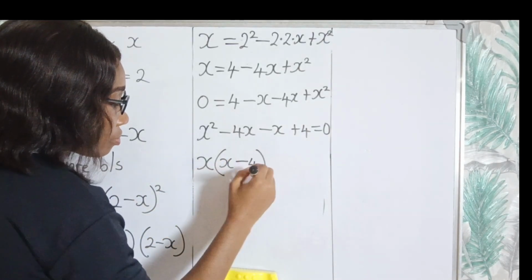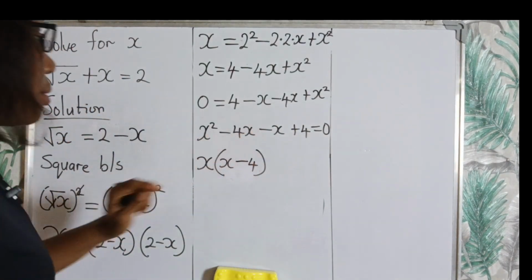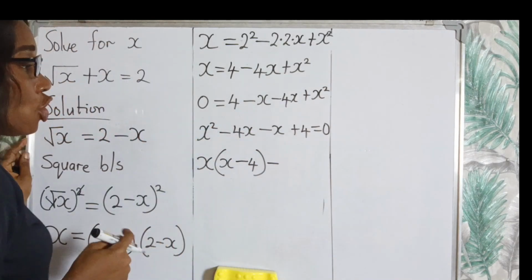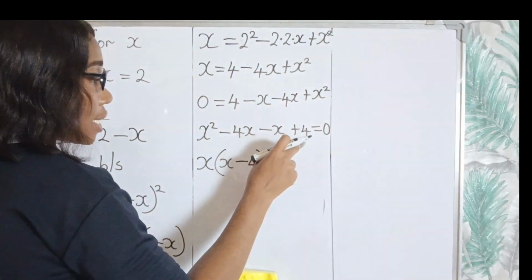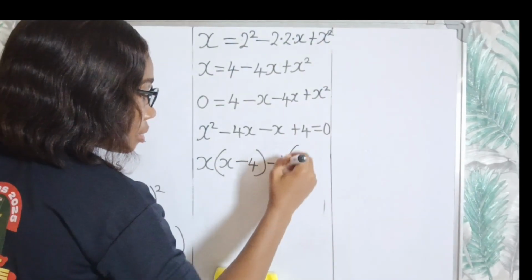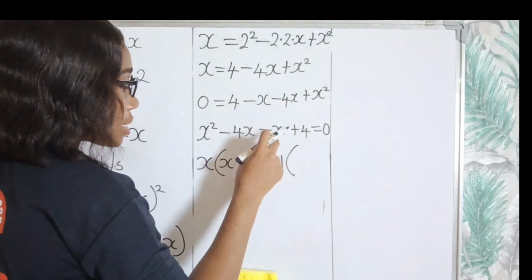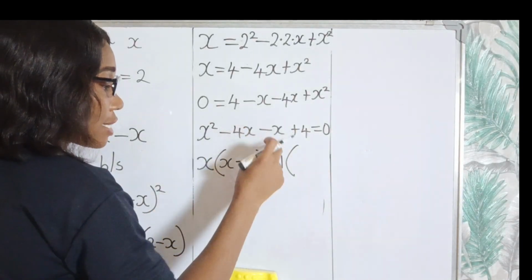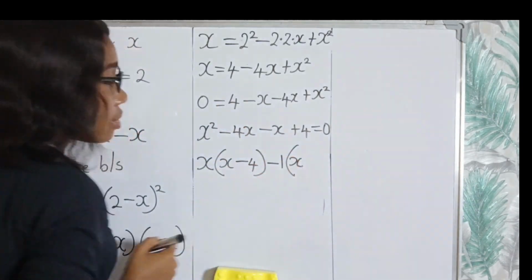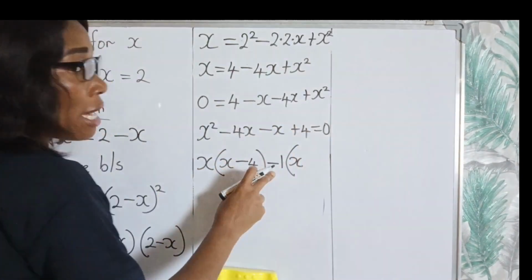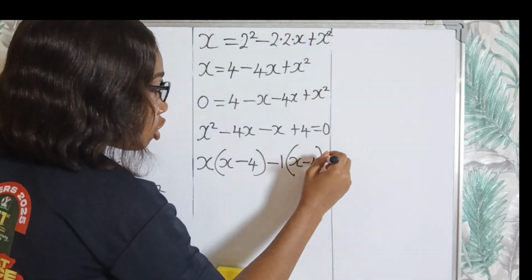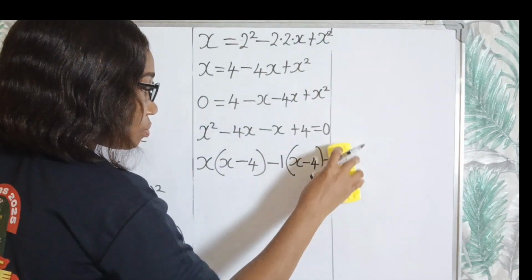And then we come here, bring down our sign. So what is common between this and this? It is 1. So we are going to have minus x divided by minus 1, we're going to have x, plus 4 divided by minus 1, we're going to have minus 4, and all is equal to 0.